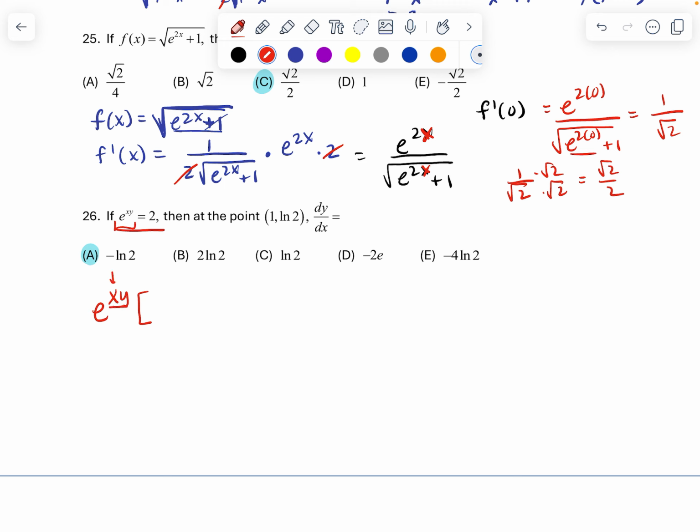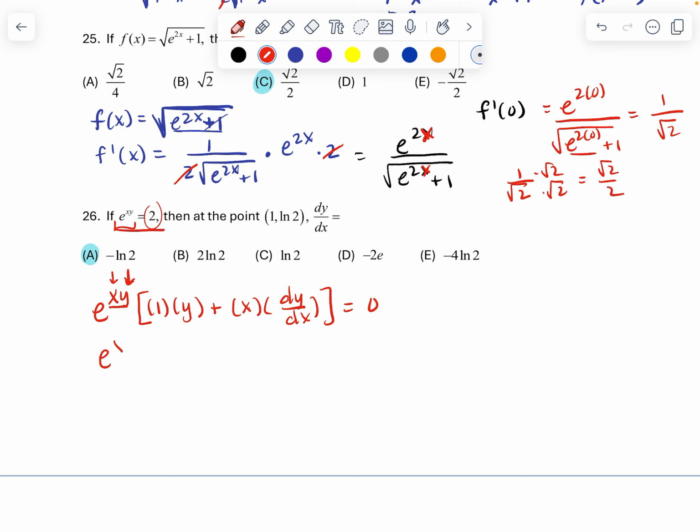So the derivative of the first is 1 times the second, which is y, plus the first, which is x, times the derivative of the second, the derivative of y is dy/dx. And then that equals the derivative of 2, which is a big fat 0. You guys, again, let's do a little bit of cleanup.